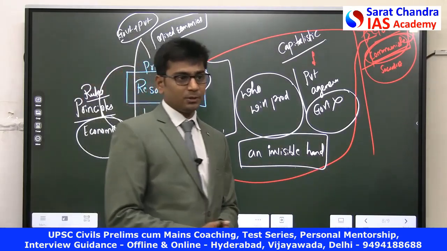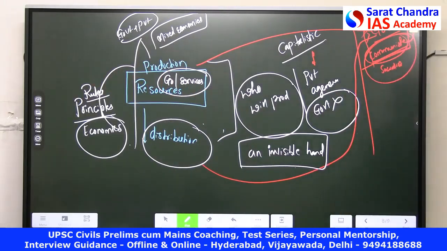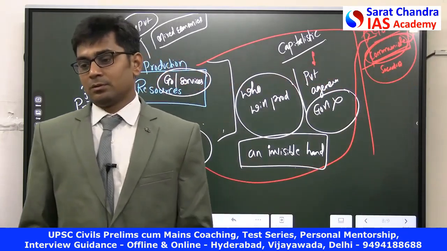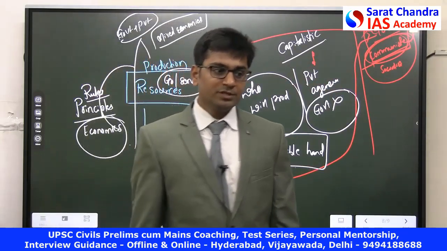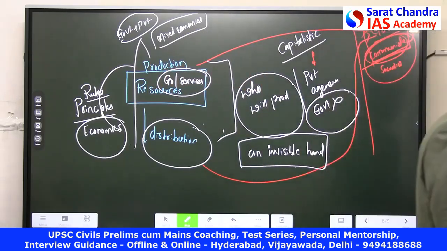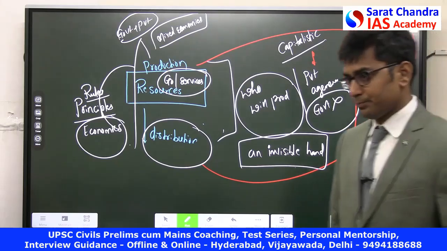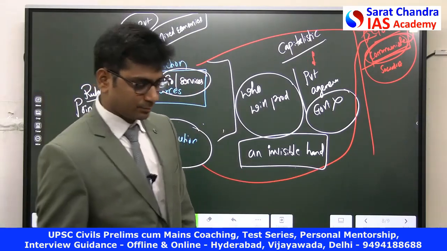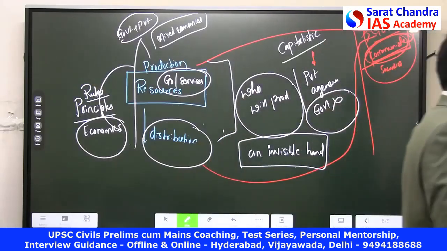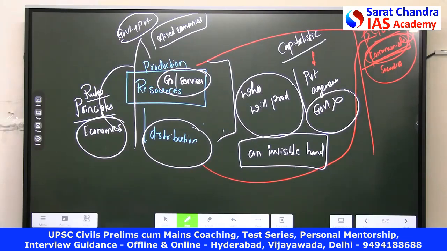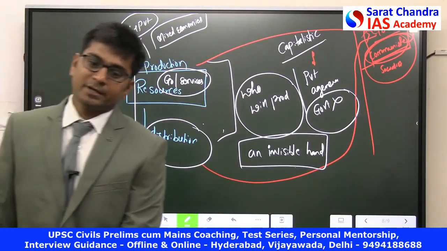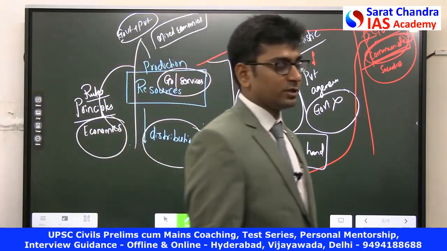Next, communist economies. In this, the production of goods and services, and their distribution, is in the hands of the community, in brackets, governments control the things.